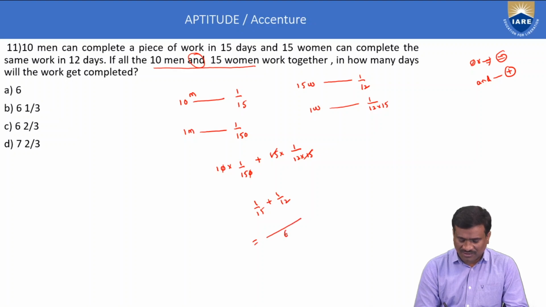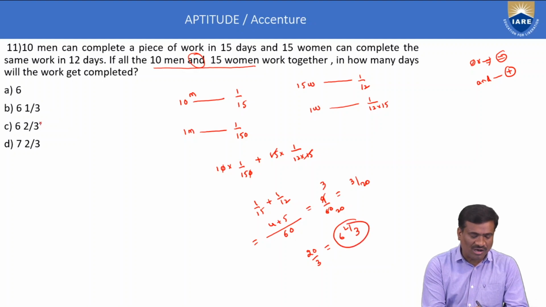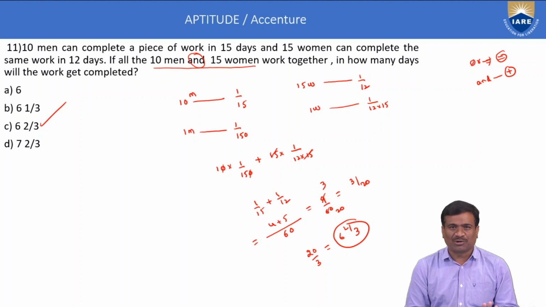LCM 60, numerator 4 plus 5, 9 by 60. 9 by 60 is equal to 3 by 20. 1 day's work is 3 by 20. Whole work is 20 by 3. 20 by 3 converted into a mixed fraction is 6 2 by 3. Option C only is correct. Time and work application is important, but mainly the inverse method. Remaining part is LCM and the calculation part.